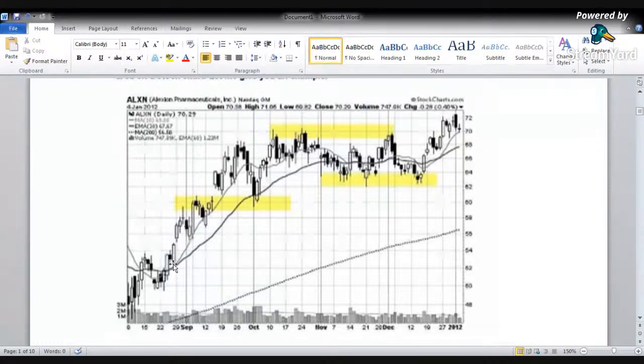Pag ang presyo ay nag-breaks resistance and then the price going up, and if there is a pullback, we will see where is the previous resistance, because it will become the support. So yung sa bottom, ito po yung support, and the upper yellow highlighted color, ito po yung resistance. Okay?